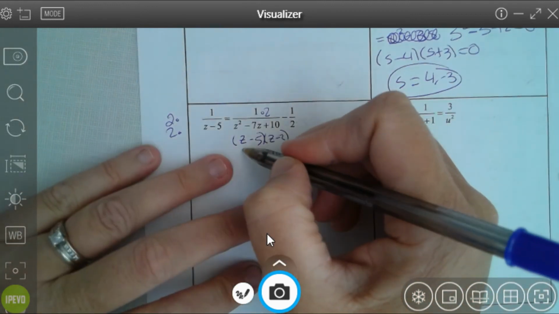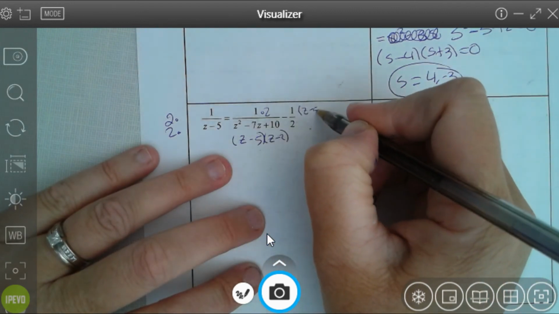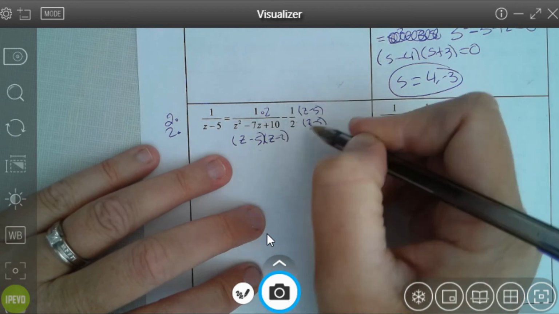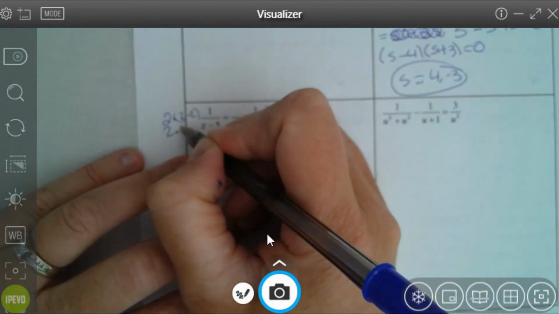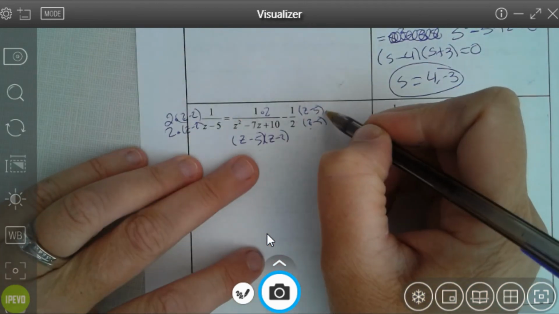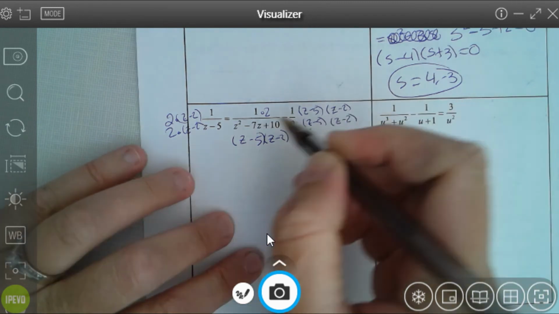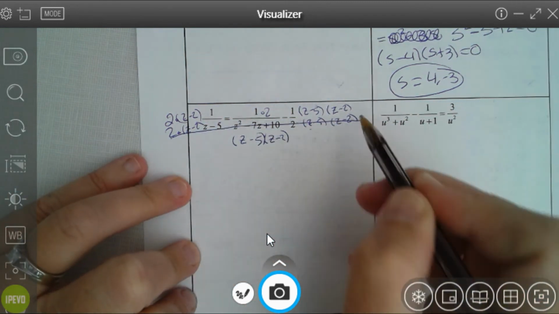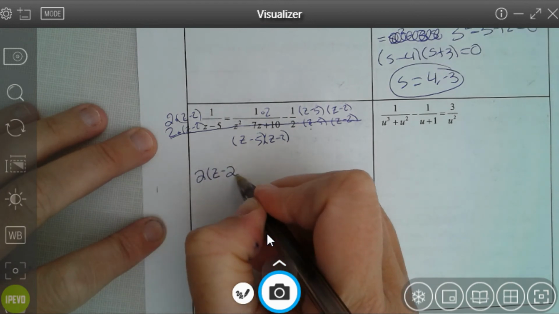And now this has the z minus 5, a z minus 5, so this needs a z minus 5. Here's a z minus 2, so this needs a z minus 2. And then this one needs a z minus 2. So bottoms cancel, and I'm left with, this is 2 times z minus 2.